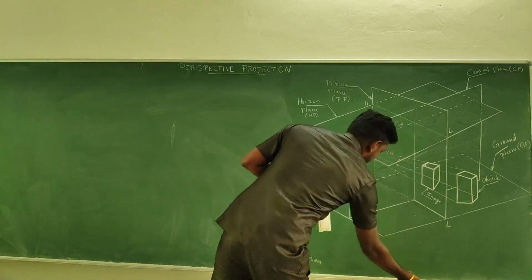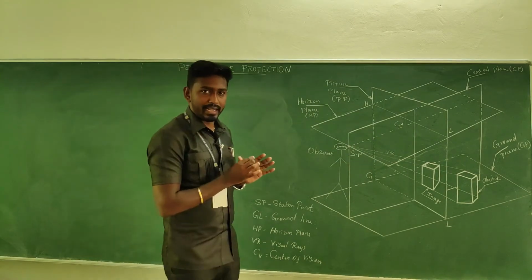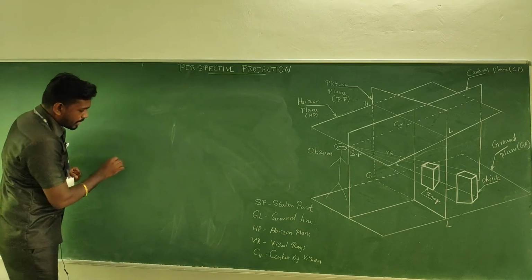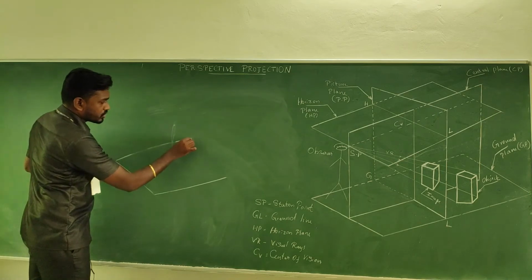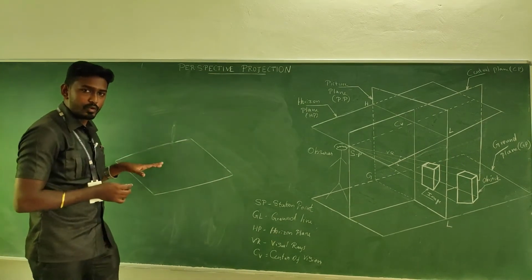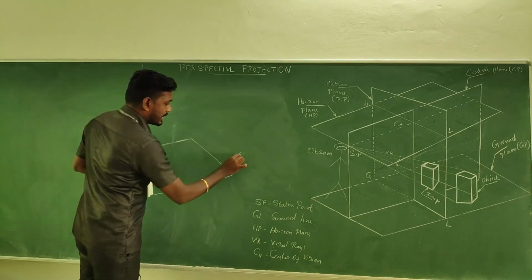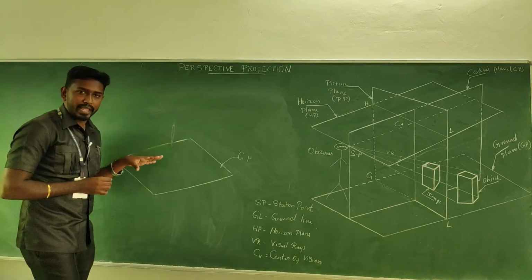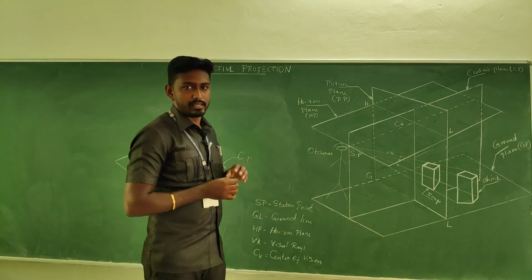In order to understand, here we have four kinds of planes. First, there is a horizontal plane, which is called the ground plane. It will be horizontal. In this ground plane the object is always assumed to be placed.